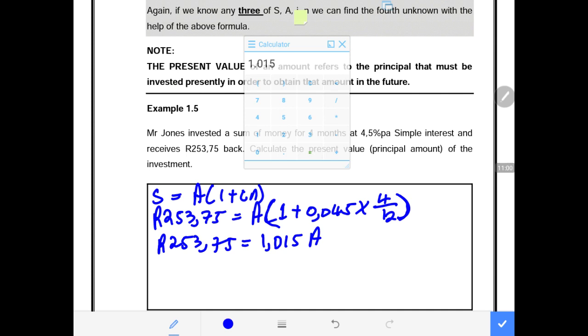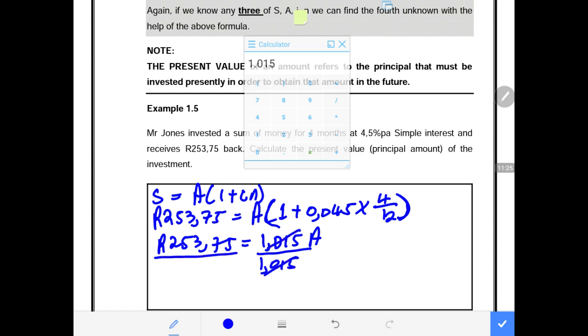It doesn't matter if you say A or something else, as long as you have the numbers where they're supposed to be placed. Then now what do we need to do? We need to divide by 1.015 because we are looking for the amount that was invested. Then we say divide by 1.015. This cancels this.